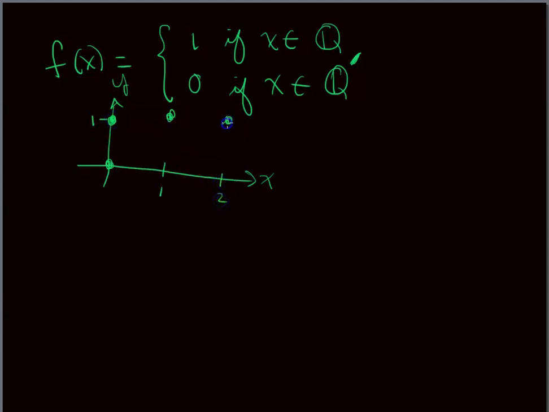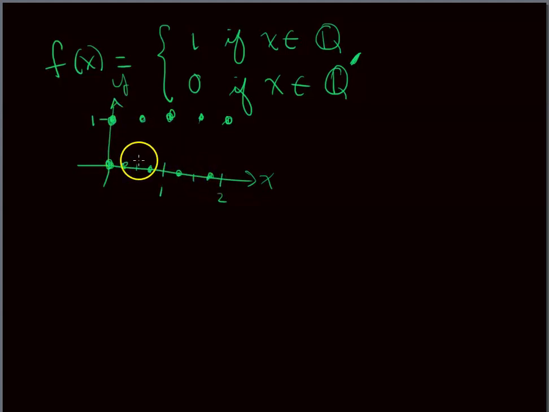It'll be 1. 1/2 is a rational number. It's 1. 1.5 is a rational number. It's 1. But what is the square root of 2? The square root of 2 is like 1.4 or something. So it's someplace over here, and it is 0. What is the square root of 1/2 and things like that? Any of those crazy square roots, you're going to have dots down here on the x-axis because it's 0.